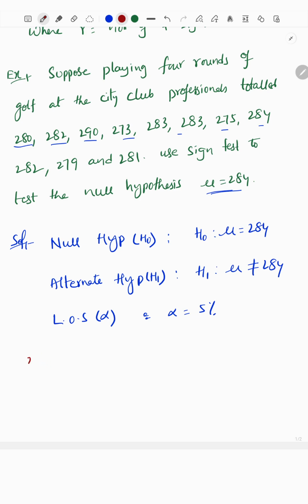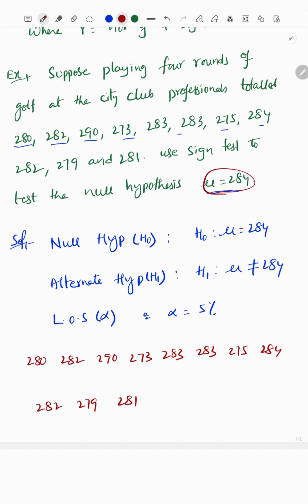I am copying the data: 280, 282, 290, 273, 283, 283, 275, 284, 282, 279 and 281. Now every observation from this data we need to compare with our mu equal to 284. If any observation is more than 284, we take plus.